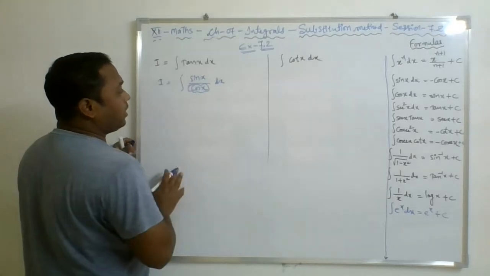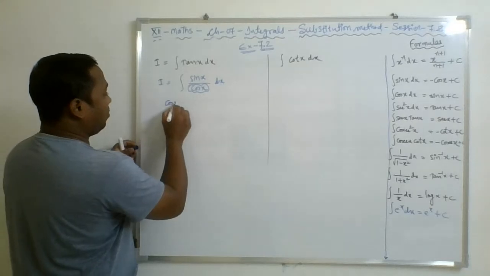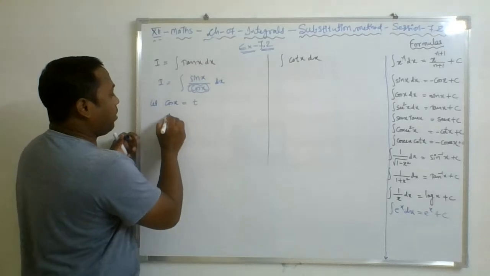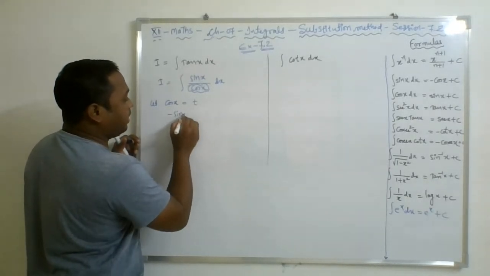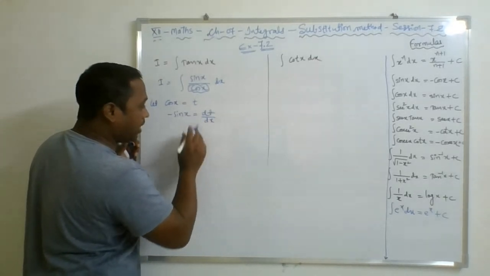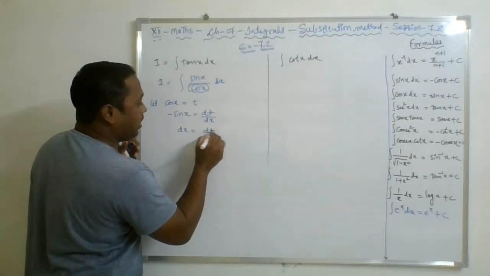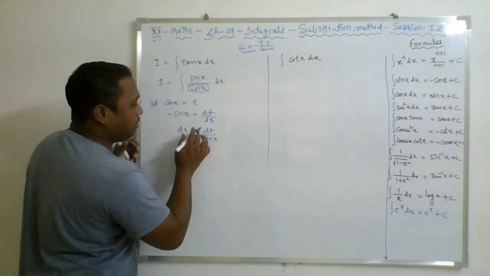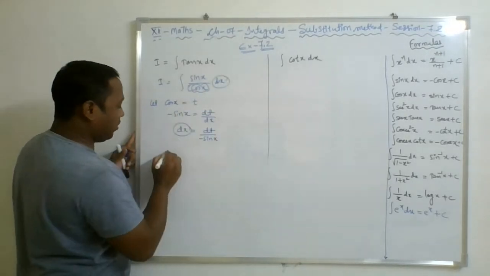If you take cos x as t, what will happen here? Let cos x equal t. The derivative of cos x is minus sin x, and the derivative of t is dt by dx. So dx will be dt upon minus sin x, and then change dx as well in the question.